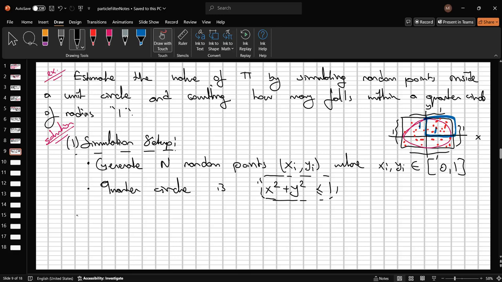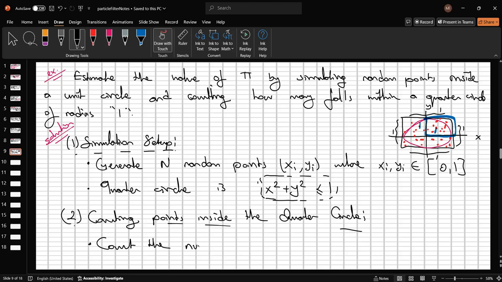Okay, and after that we need to count the points inside the quarter circle, which means that we need to count the number m satisfying x_i squared plus y_i squared smaller than 1.